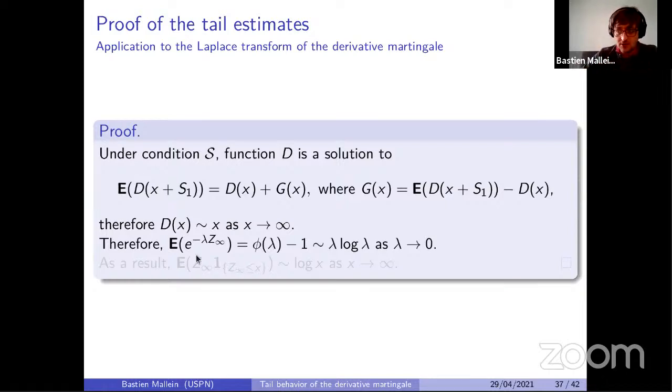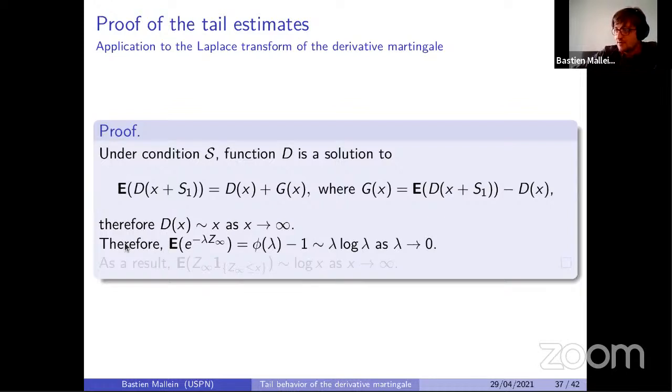So we know that automatically the Laplace transform, the expectation of e to the minus lambda times the infinity, I should have put minus 1, is equal to phi of lambda minus 1, and this has to be equal, by the Tauberian theorem, to lambda, the direct Riemann integrable function, so that you can approach from above and from below by stair functions.